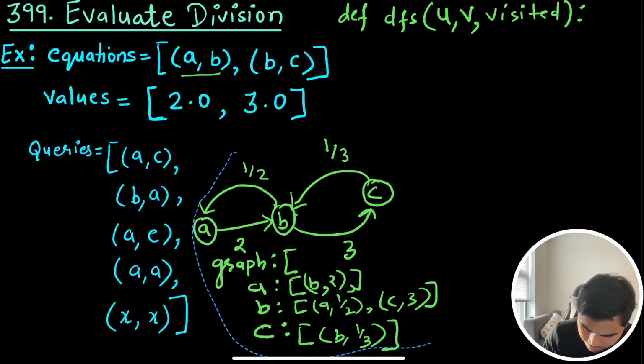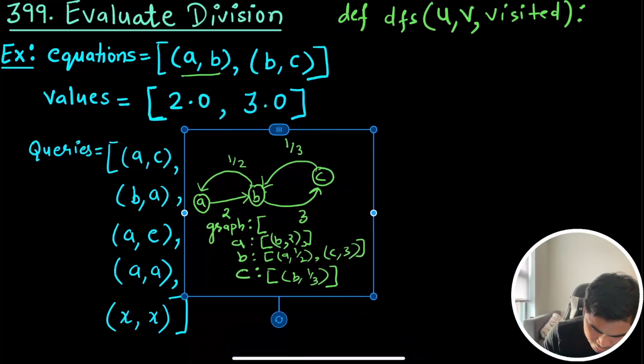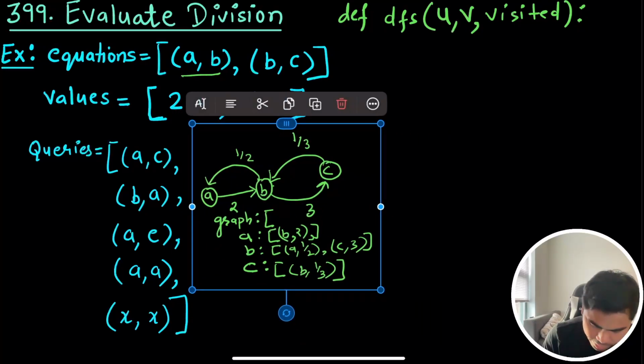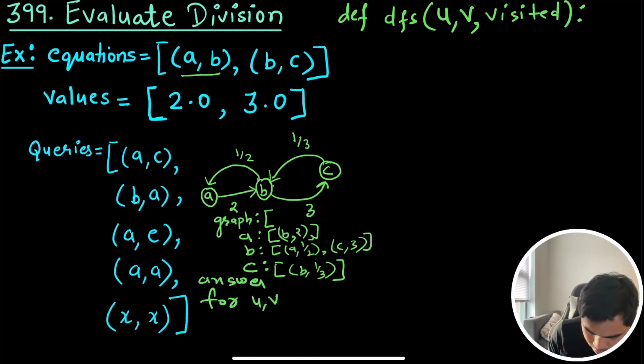I am going to minimize it a little so that you can look at it nicely. All right, so this is the entire graph that we have. Now we'll be running the queries to find the answers. For each query, I can call it u and v, and then I'll have my answers array that will store all the answers.